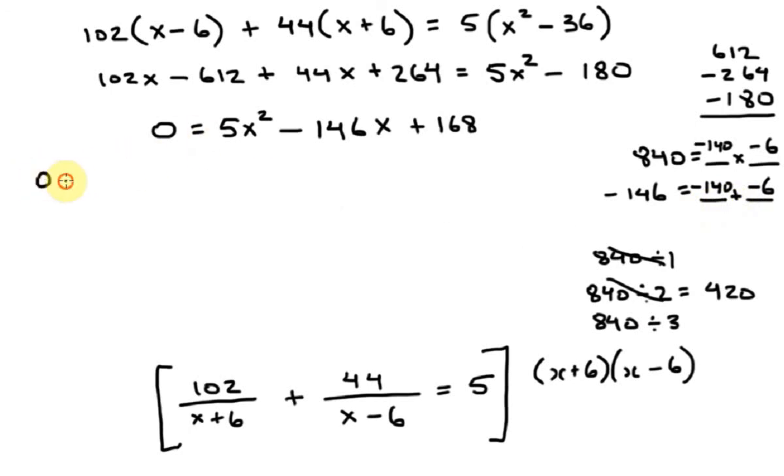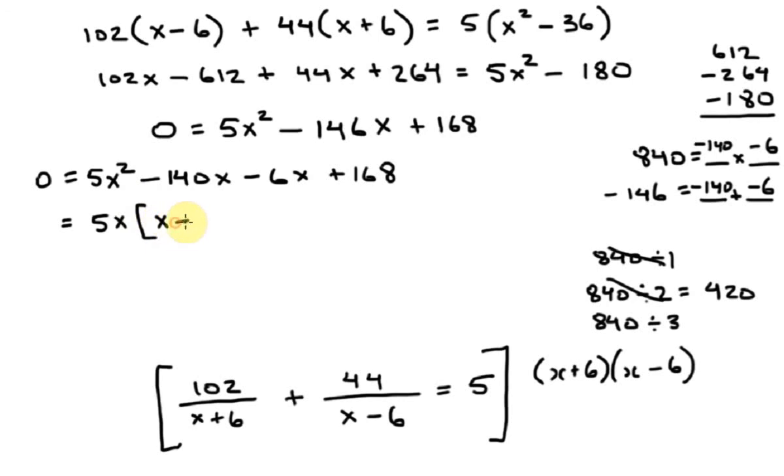So now let's use those magic numbers. We'd have 5x squared, and I'm going to write the 146 using 140 and the minus 6. Then I'm going to take out the greatest common factor, which looks to be 5x. That leaves me with an x minus 28, I think.